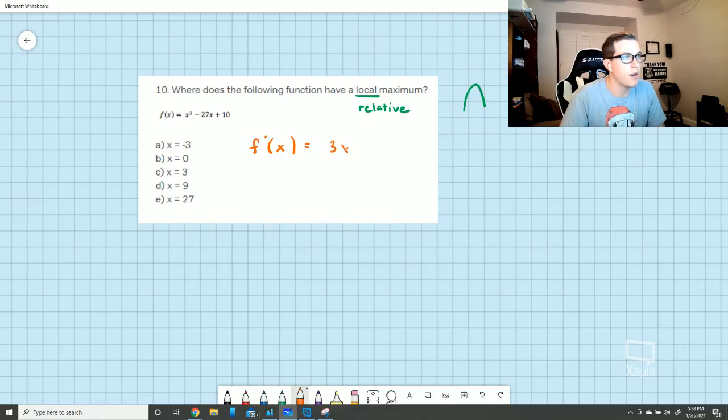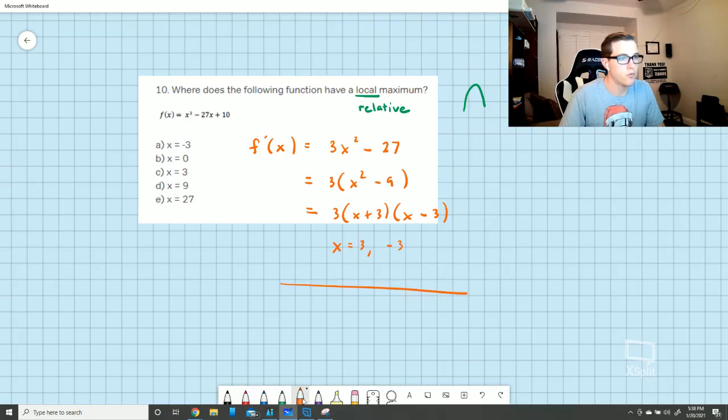3x squared minus 27. Probably going to factor that. So equals 3 times x squared minus 9. 3 times x plus 3 times x minus 3. Good old difference of squares. 2 critical points. 3, negative 3.